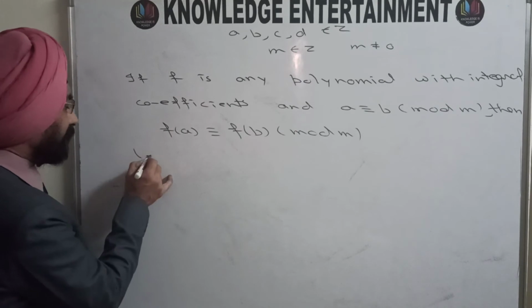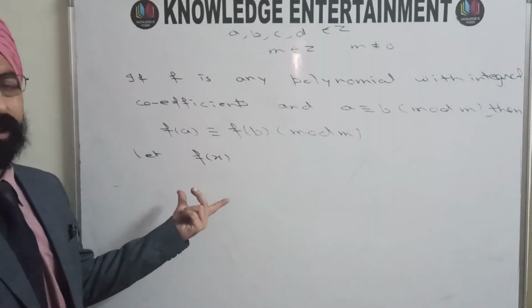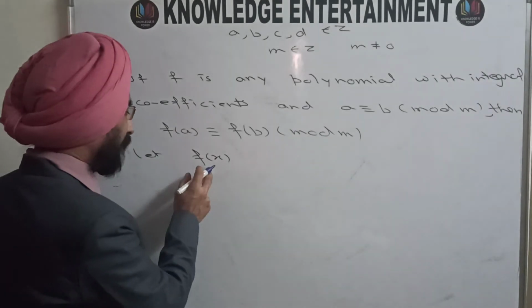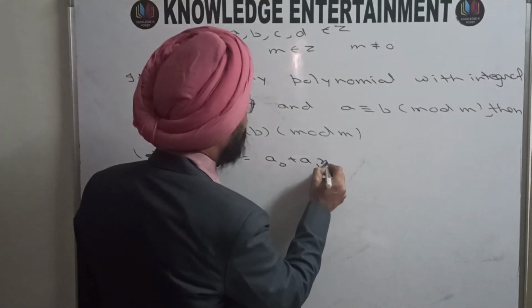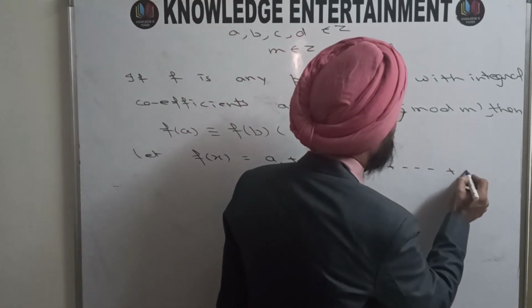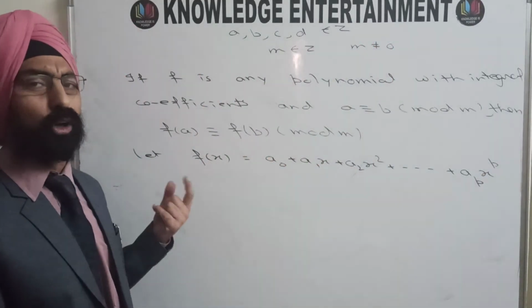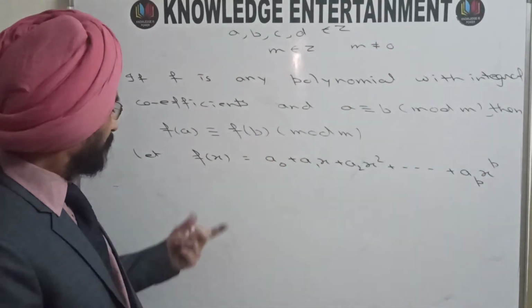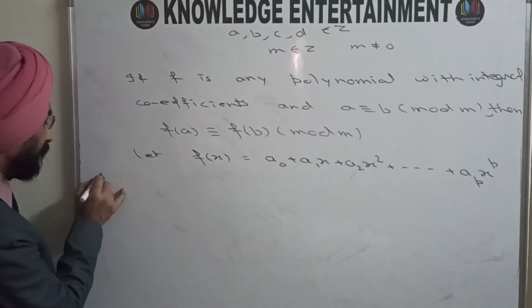So let f(x) be, since f(x) is a polynomial with integral coefficients, f(x) equal to a0 plus a1x plus a2x square plus and so on plus apx raised to the power p. So p is the degree of the polynomial I have taken here. This is your f(x). So what will be your f(a)?